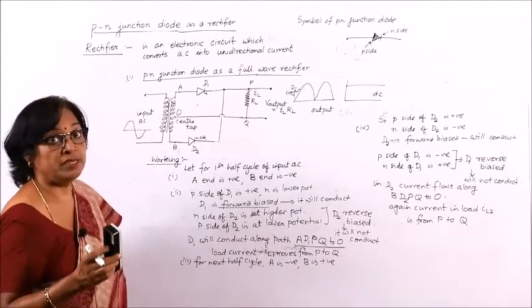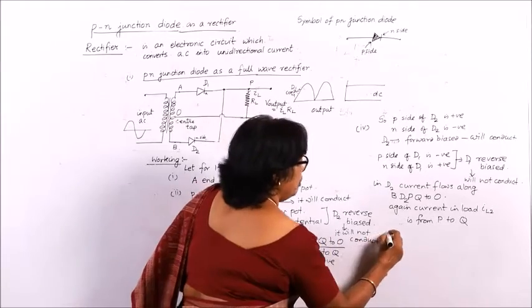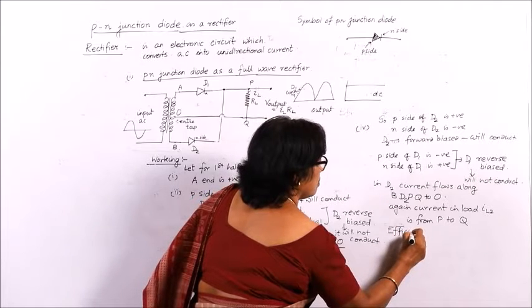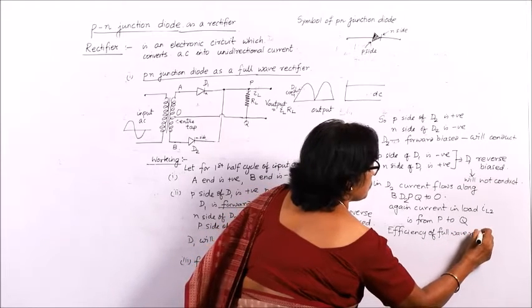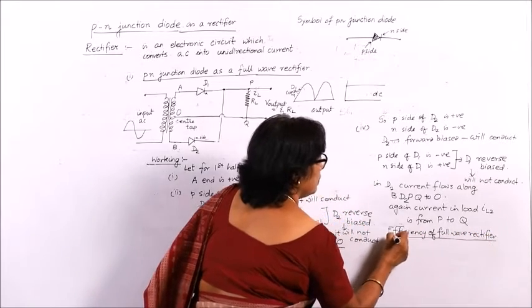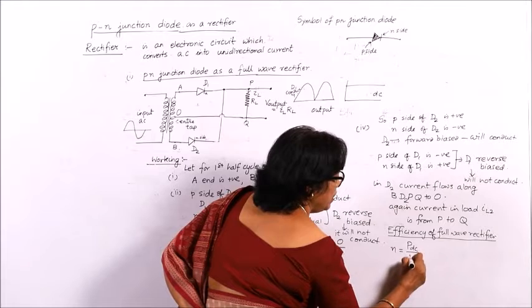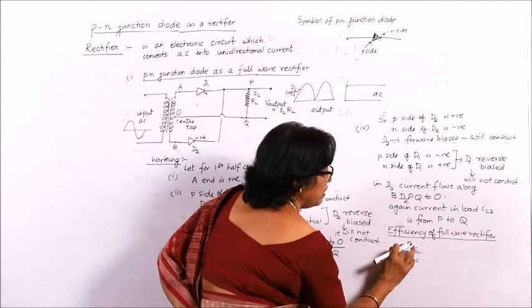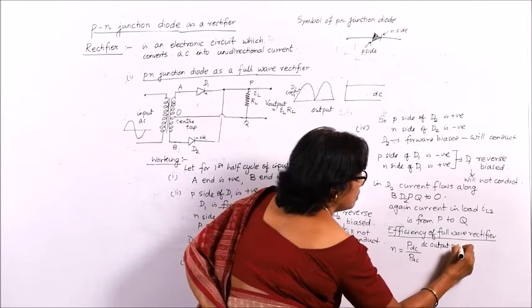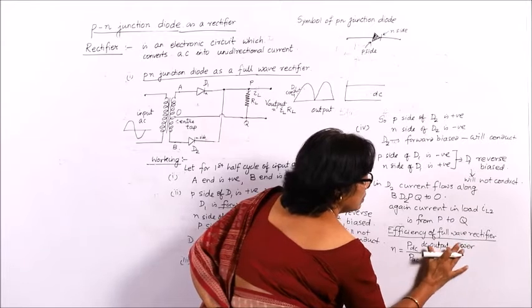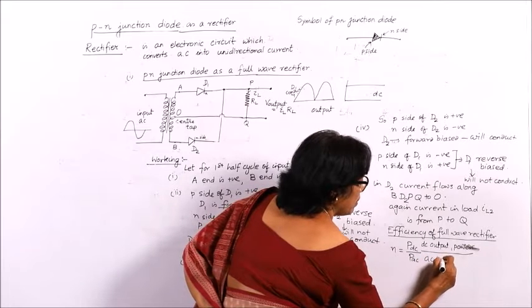As before, for the half wave rectifier, we can find out the efficiency. If we find the efficiency of a full wave rectifier, as before, eta is P DC by P AC: the DC output power divided by the AC input power.